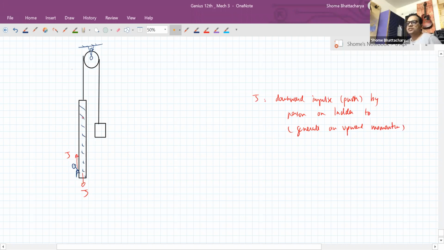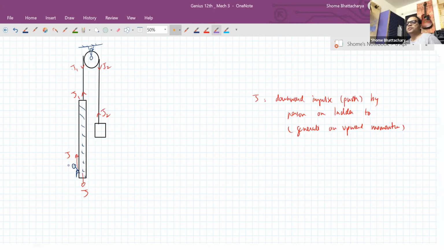As a result, the ladder is jerked downwards. So the string also ends up applying an impulse, let's say J1, which acts on this. And because it's a rough surface of the pulley, that impulse is different on the other side. But massless string, so same impulse acts on this block.